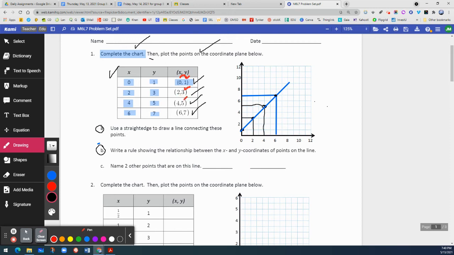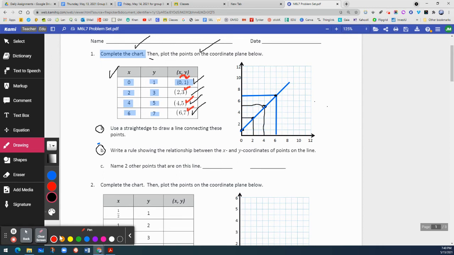X is 4 and Y is 5. Is Y, which is 5, 1 more than 4, which is X? And the answer is yes. So the rule applies. Okay, now let's look at the last one to make sure that the rule is true. Is Y, 7, 1 more than X, which is 6? And the answer is yes.